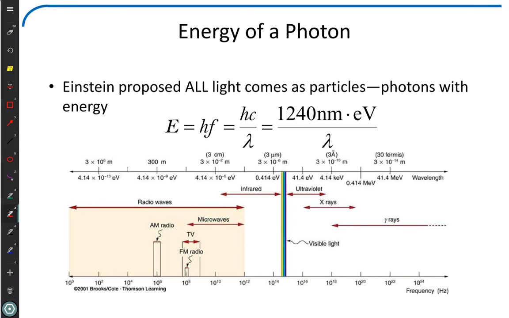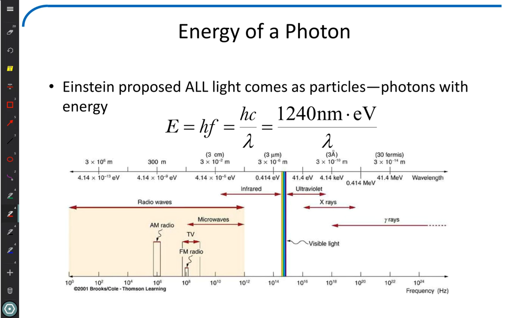So today we're going to look at another one. We calculated this at the end of last class period, that 1240 nanometers times electron volts is a conversion factor. But according to Einstein, in his initial paper in 1905 on the photoelectric effect, he was specific in saying that the light that comes from an object because it's hot is caused by little electron oscillators, and these electron oscillators have specific frequencies they can oscillate at, just like a wave on a string.